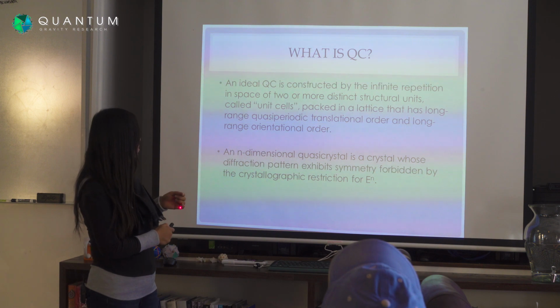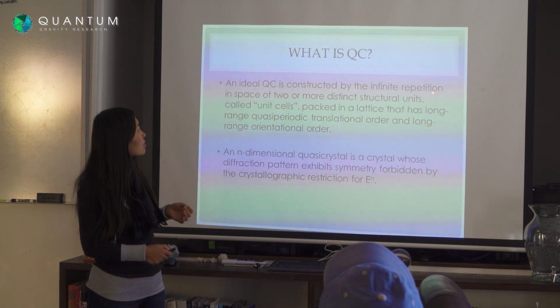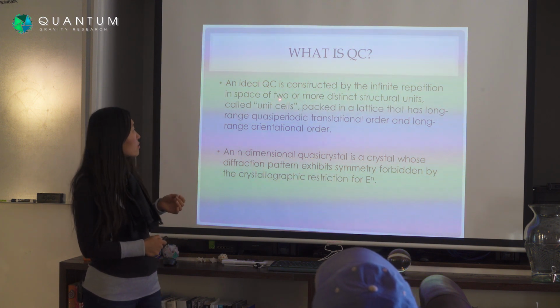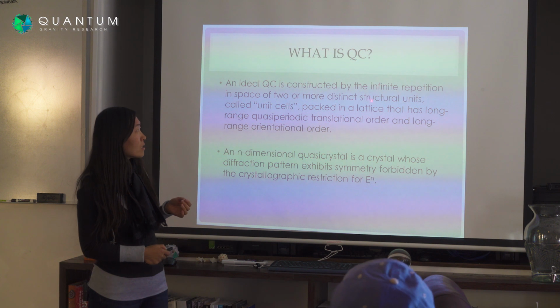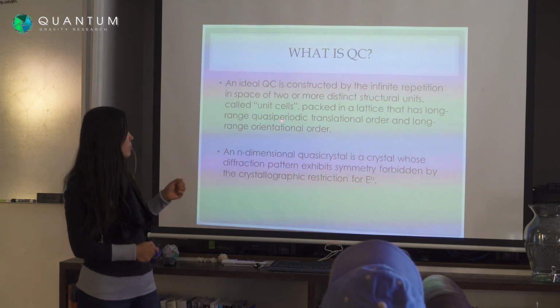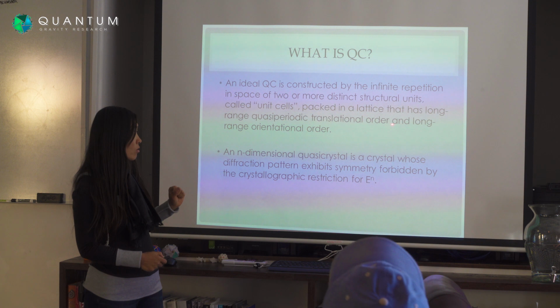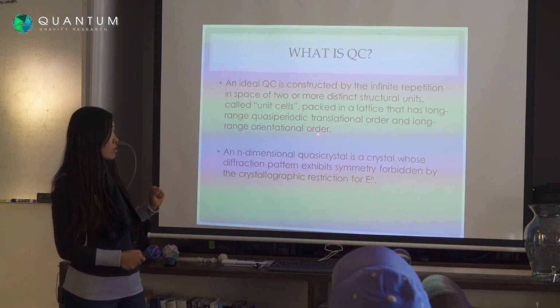The definition that his group gave is: an ideal quasicrystal is constructed by the infinite repetition in space of 2 or more distinct structural units called unit cells, packed in a lattice that has long-range quasi-periodic translational order and long-range orientational order.